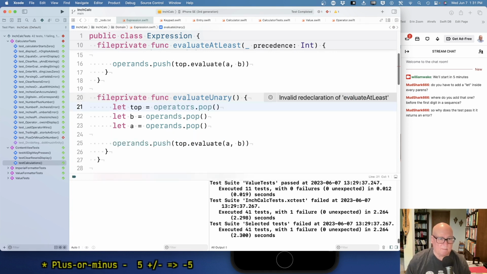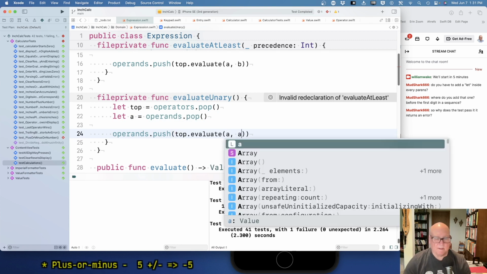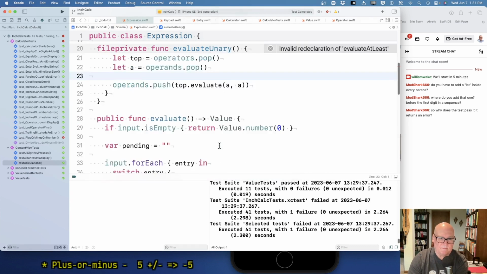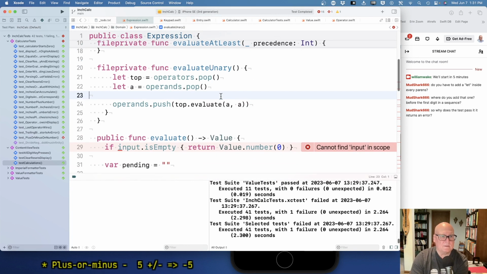We're going to pop the top. We're going to pop the operand. And we're going to evaluate A with A. Because so far we're treating it as, well, we're treating it as only an error. Well, what's your problem? Oh.